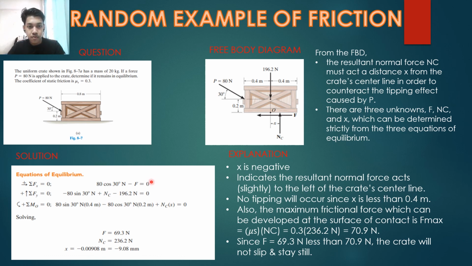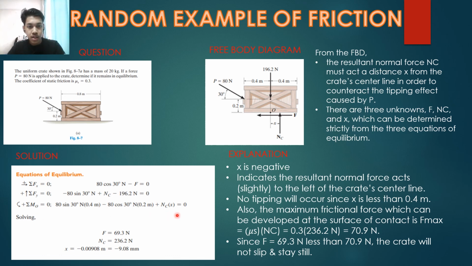Next, we solve the first equation, the summation of Fx. Then we get F, which is 69.3 Newton, and from the summation of forces in the y axis, we get the NC value, which is 236.2 Newton.